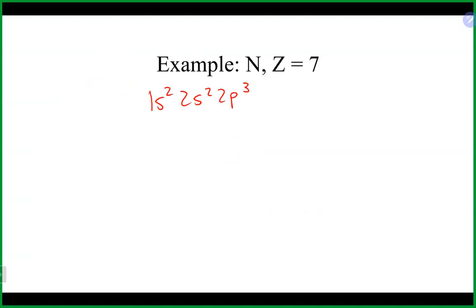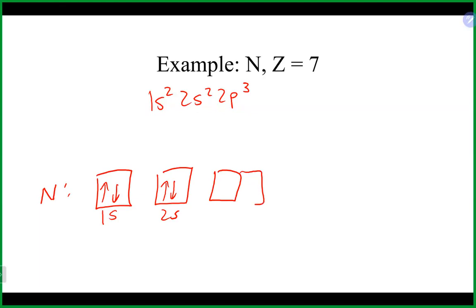Once again, in this case, we do have 5 electrons in the second energy level and 2 electrons in the first. Our orbital diagram for nitrogen: 1 up, 1 down, 1 up, 1 down. And our 3 for our 2p subshell, 1 up, and last one up over there.